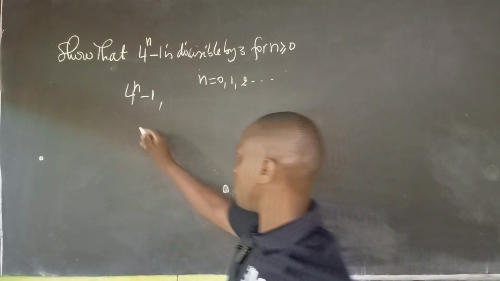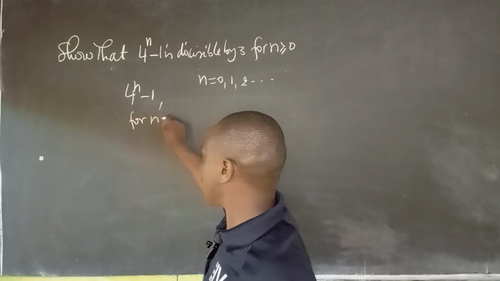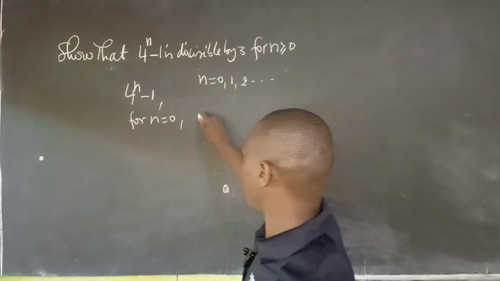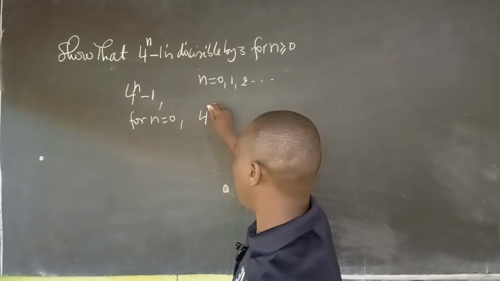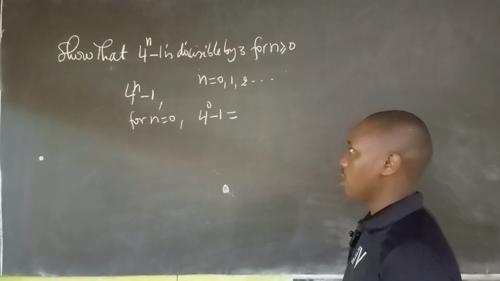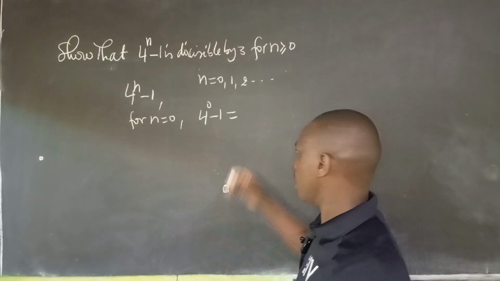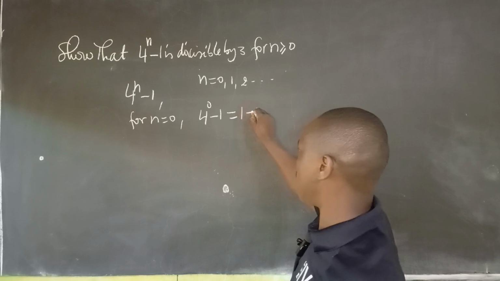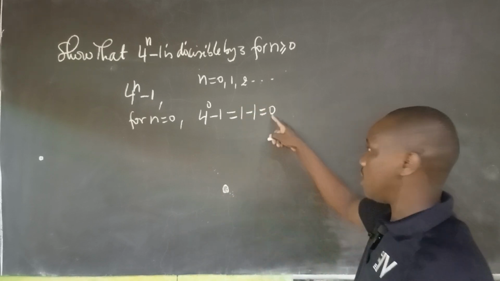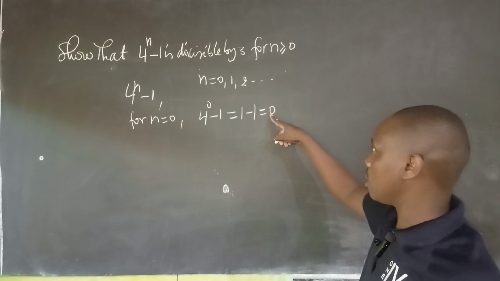Let's take n equal to 0. We have 4 power 0 minus 1, and you know that any number power 0 is 1, so this is 1 minus 1, which is 0. 0 is divisible by 3.